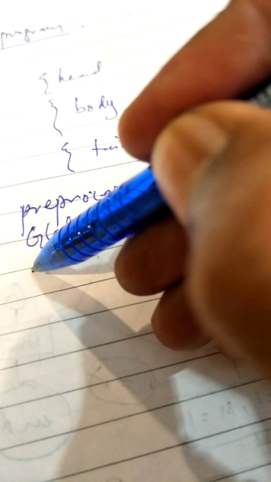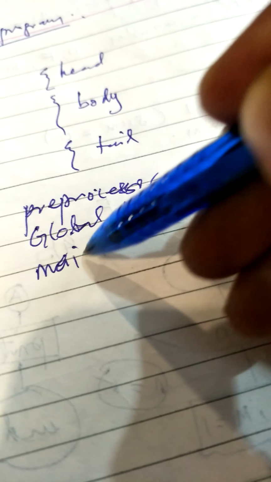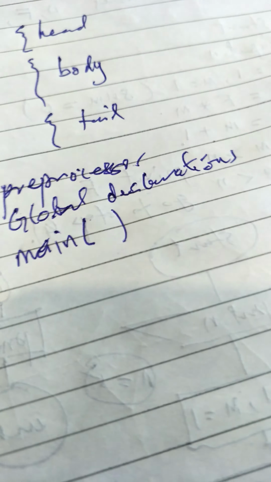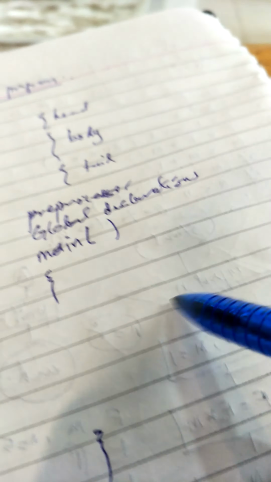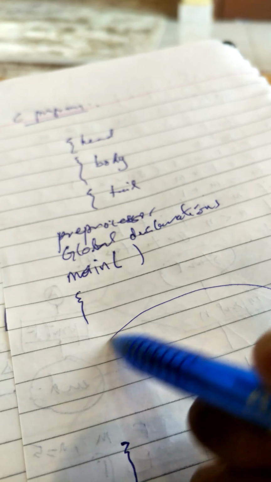Then followed by main. This is a must. Main. Okay, we open the bracket, we close the bracket. So what inside here? Inside here, this thing.